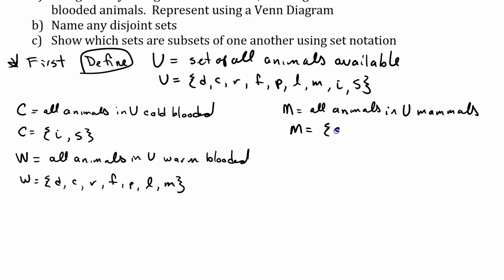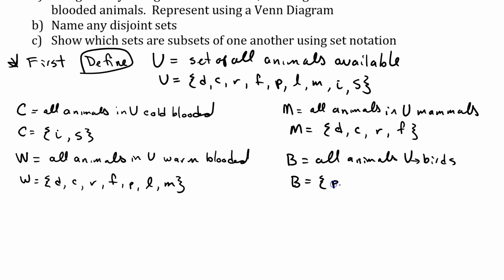So that would be our dogs, our cats, our rabbits, and our ferrets. And let B equal all animals in U that are birds. So B equals parrots, lovebirds, and macaws.